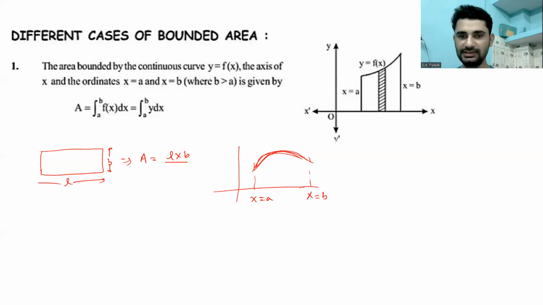So how can we find this area from x equal to a to x equal to b? We can easily find it with the help of integration. Integration is very important for finding the area of 2D figures, also 3D figures, but for the JEE syllabus we only consider 2D figures.